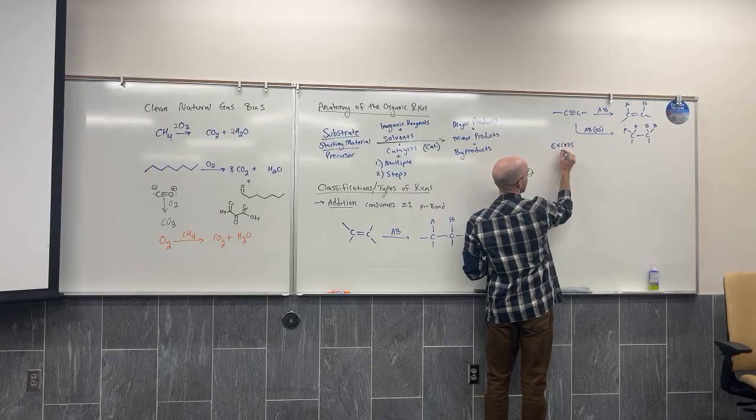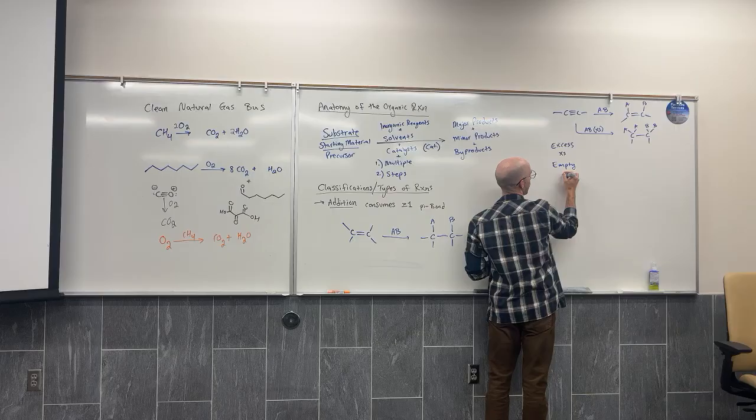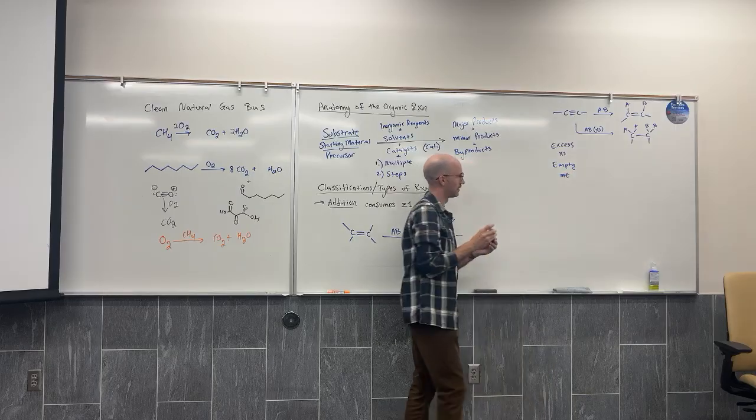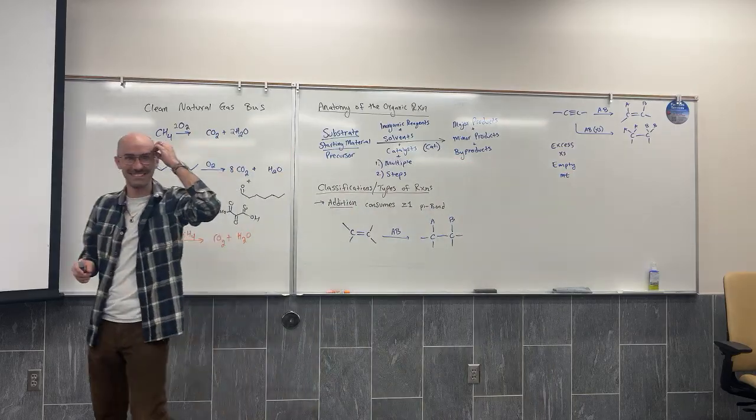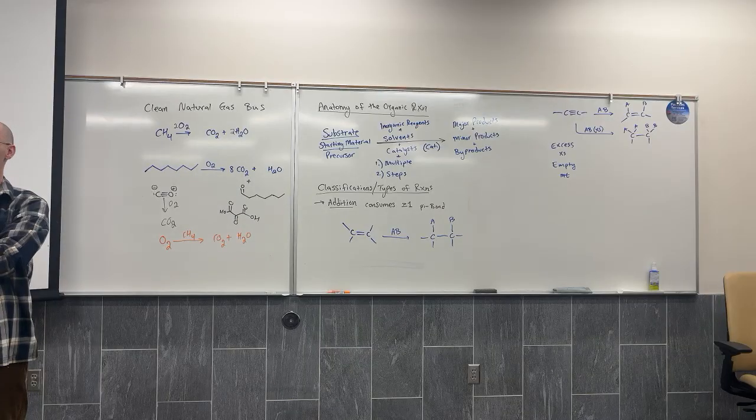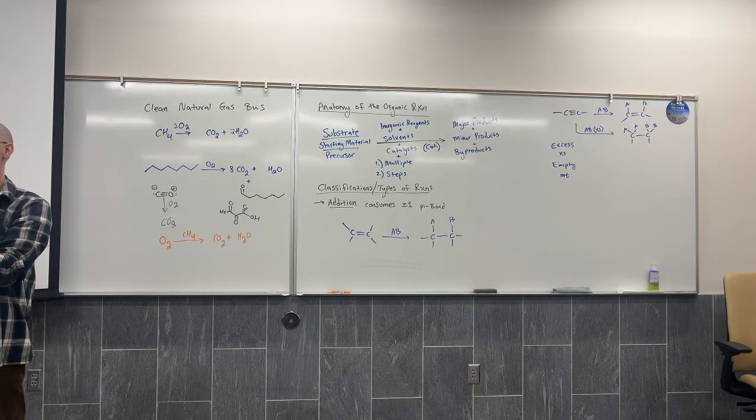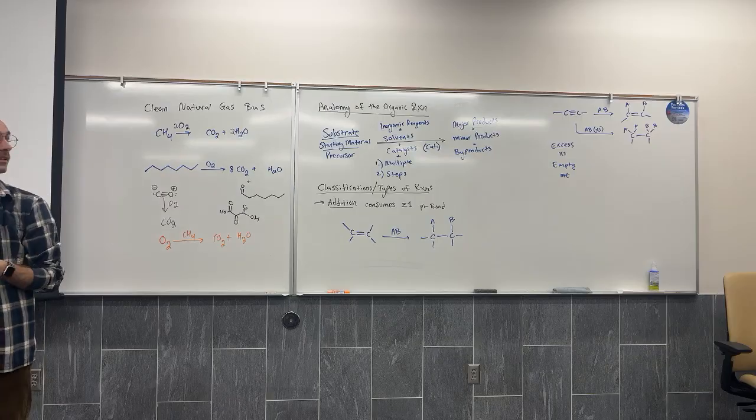You can take excess and just write it as XS, or you can take empty and write it as MT, right? Anyways, I don't always abbreviate that as excess. I often actually spell out the whole thing.